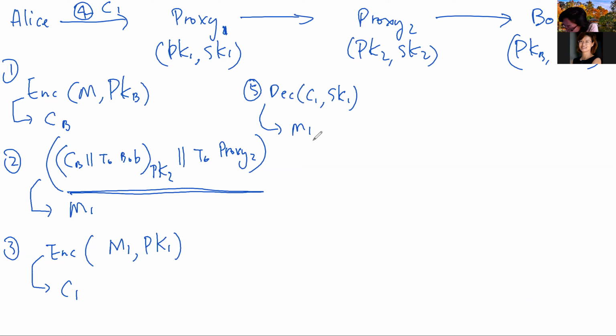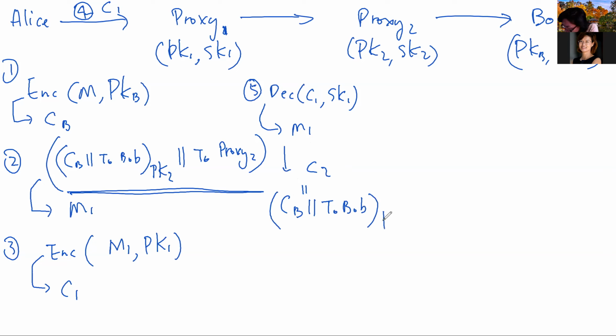This big chunk, which is, let's call it M2, which is CB concatenated to Bob, and this is, let's call it C2, okay?